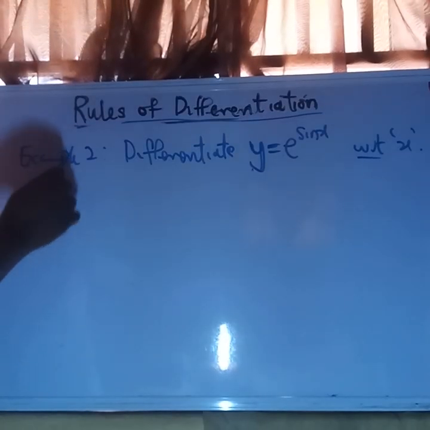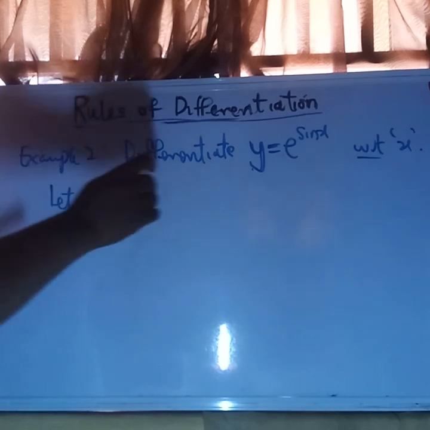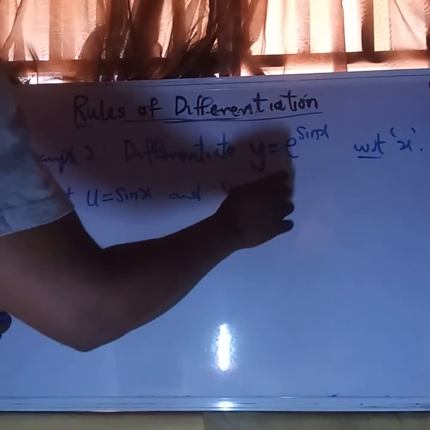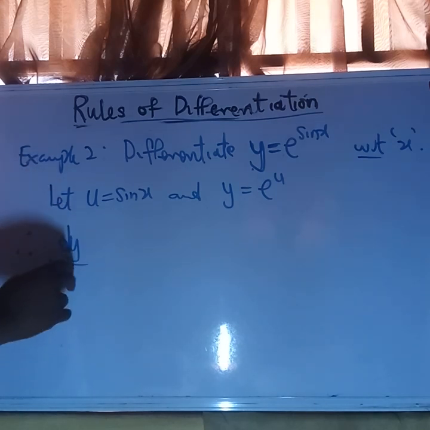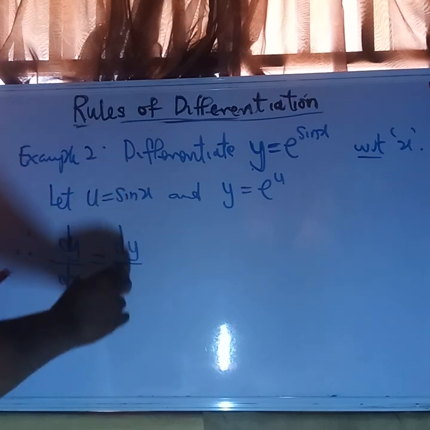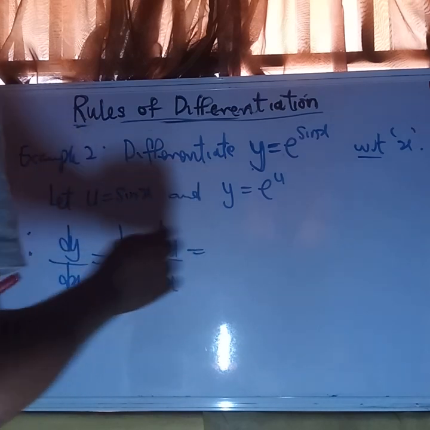Again we say let u be equal to the inner function, which is sine x, and y will be exponential u. Therefore the slope dy dx is equal to dy du multiplied by du dx.